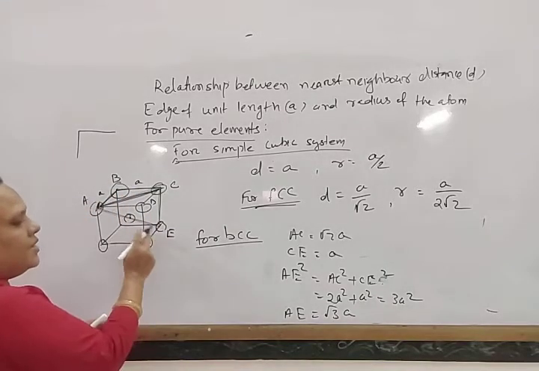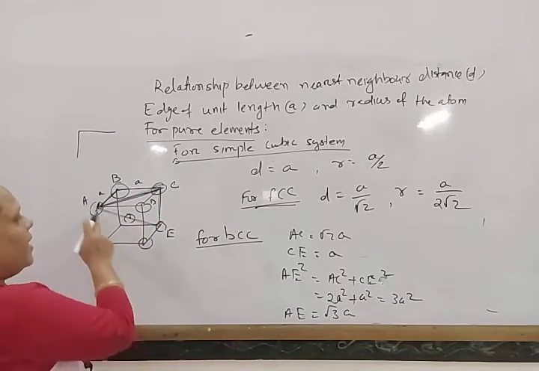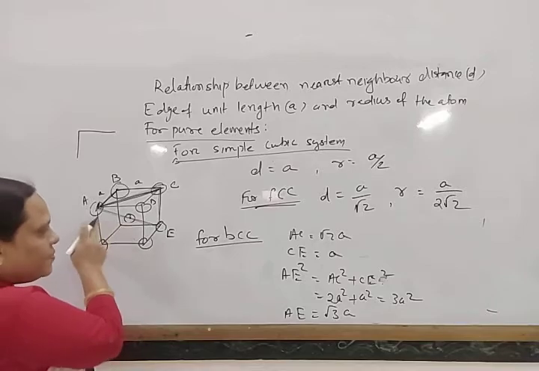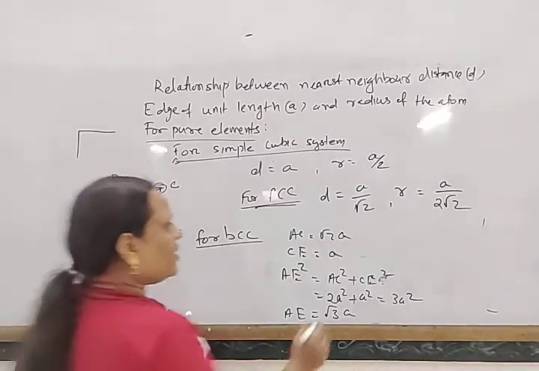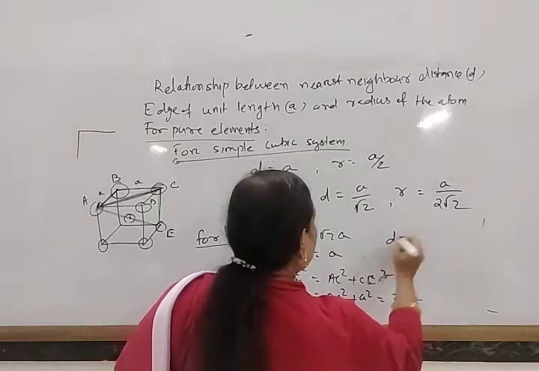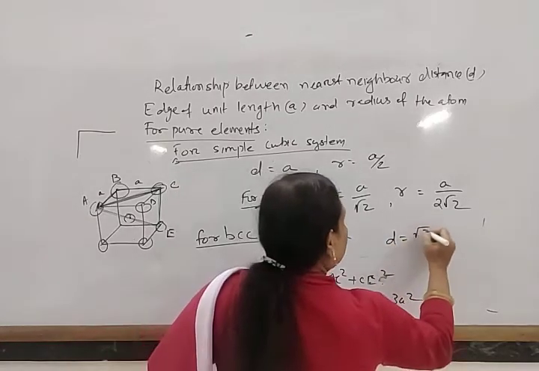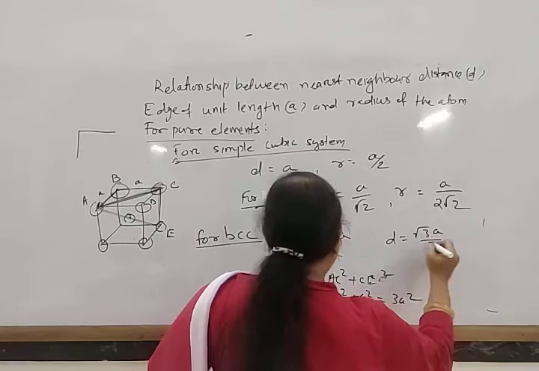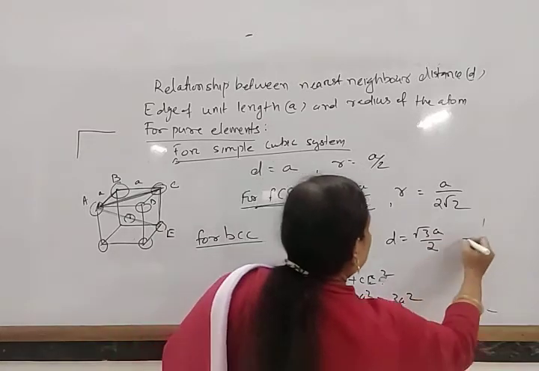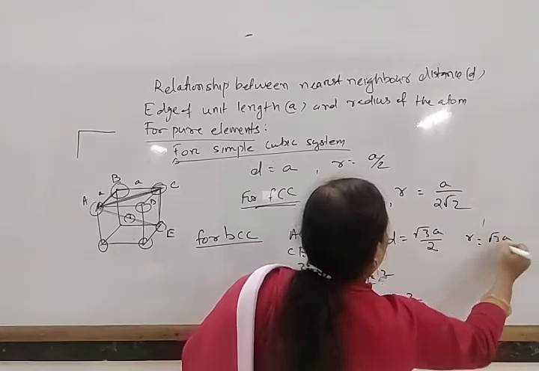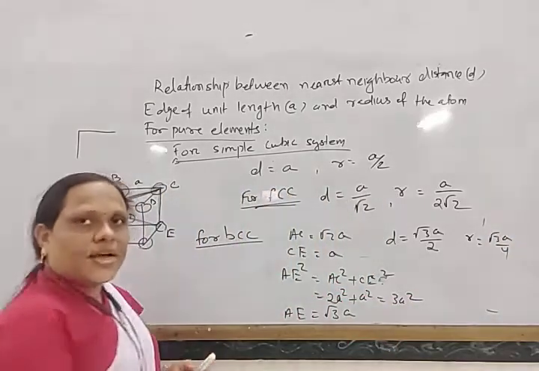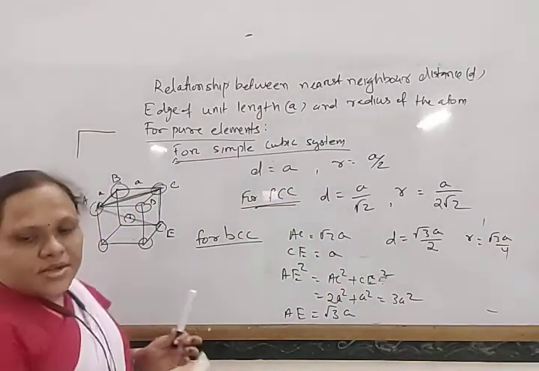So this AE is root 3A, and at the center, half of this distance is known as nearest neighbor. Then for this, D equals root 3A by 2. And what is the value of R? R equals root 3A by 4. I think now it is clear.